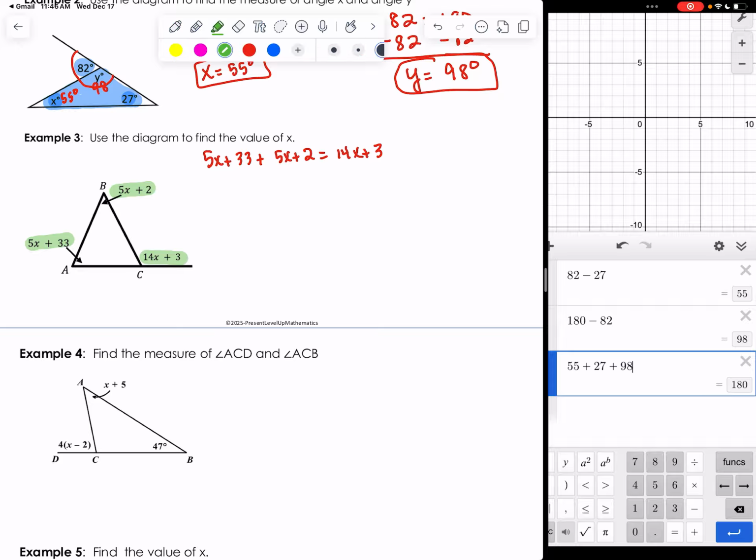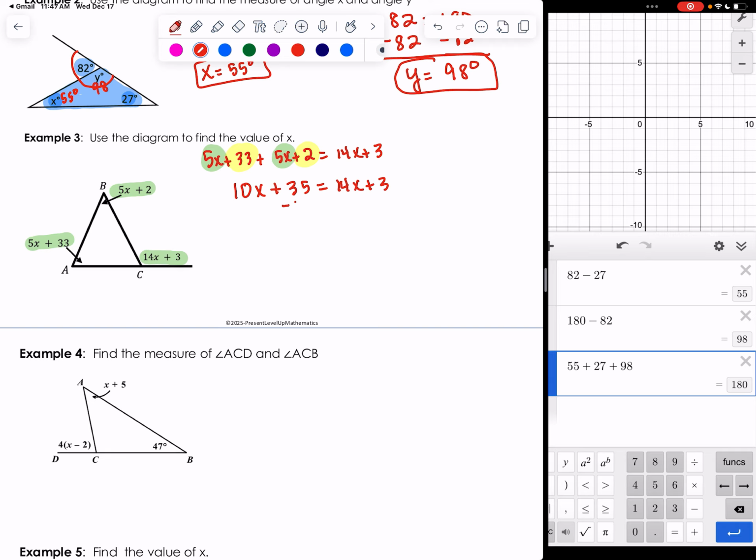Now let's simplify this a little bit so we can combine like terms. The 5x and 5x can be combined, and the 33 and the 2 can be combined. So that would give me 10x plus 35 equals 14x plus 3. Now we're just going to solve this equation.